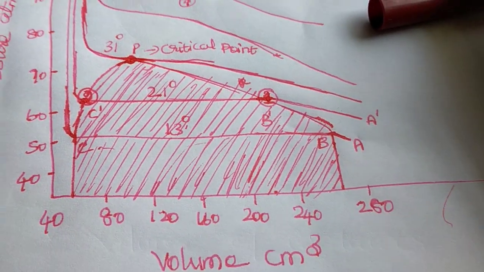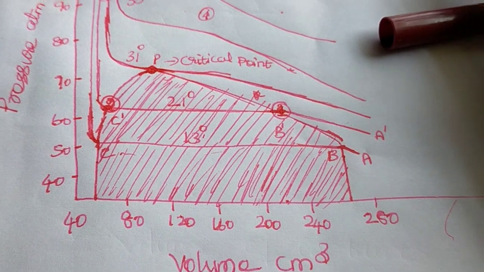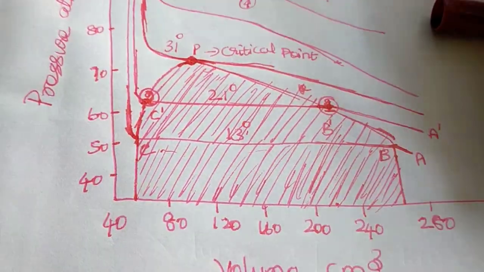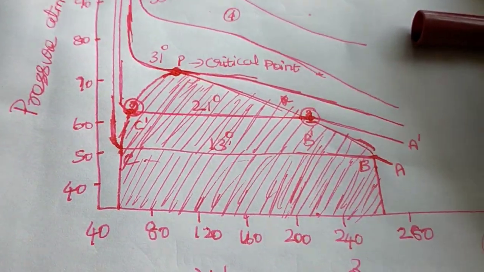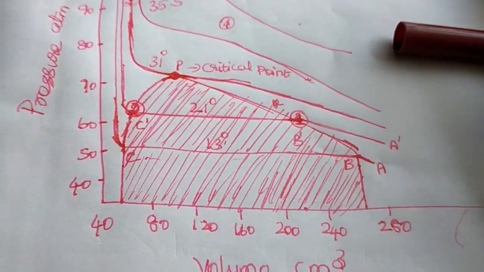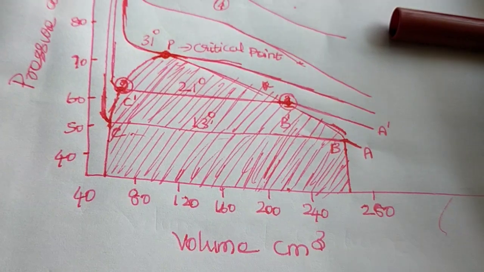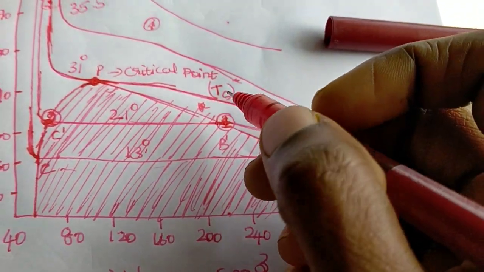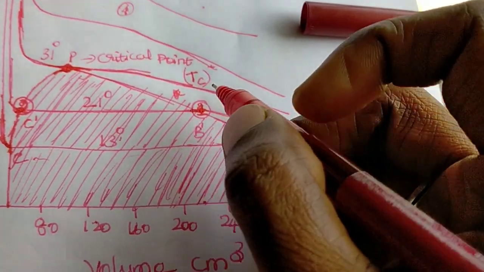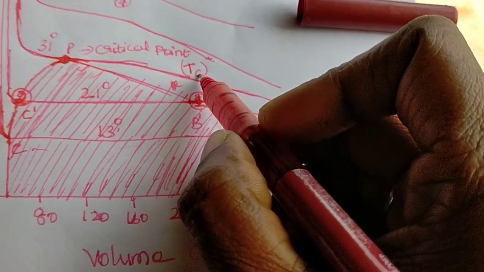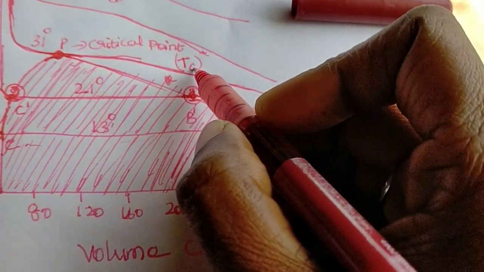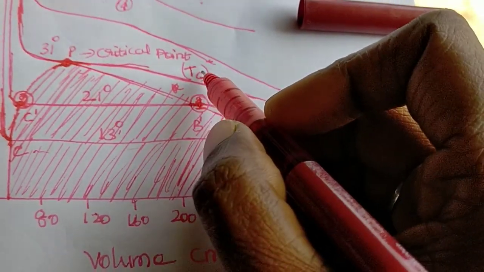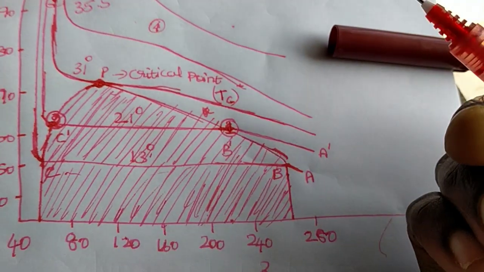This was not only measured for carbon dioxide; he also plotted and explained it for many real gases, and real gases also behave like these isotherms. We denote the critical point as TC, where C denotes critical, so this is the critical temperature. What is critical temperature?